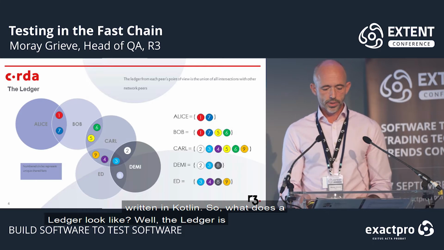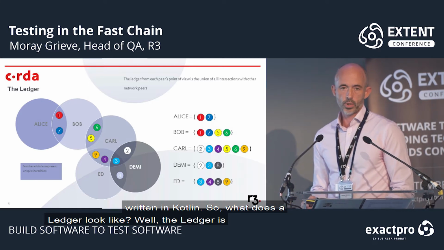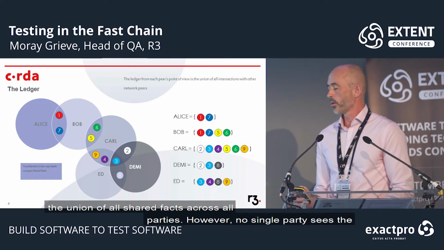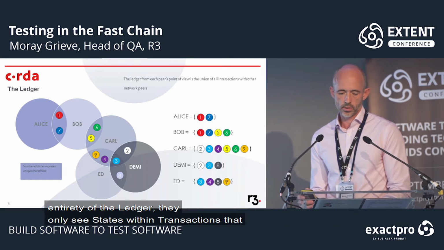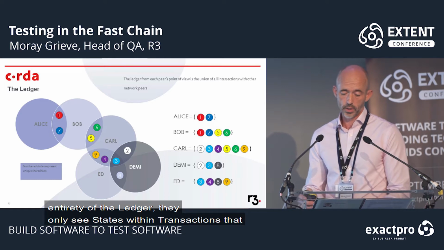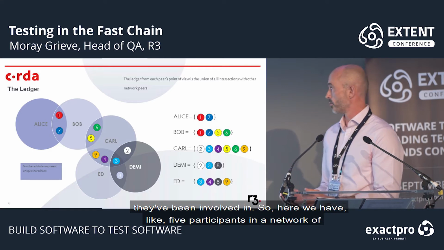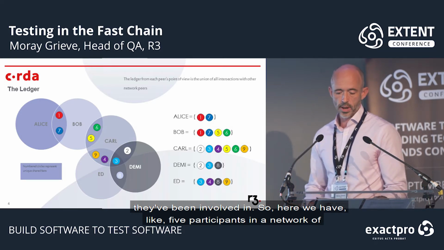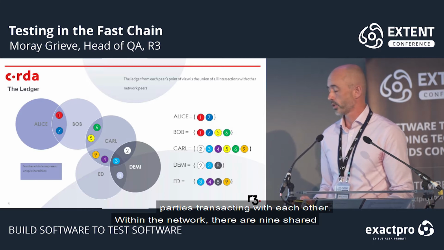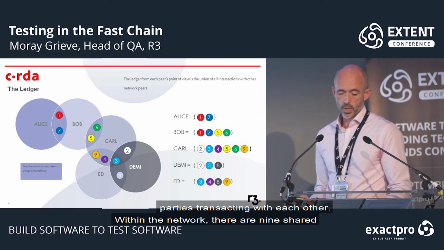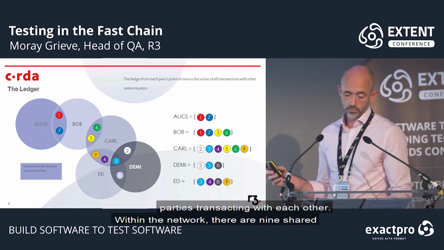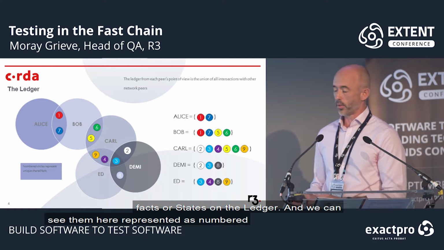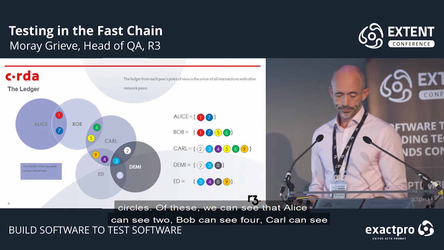So what does the ledger look like? Well, the ledger is the union of all shared facts across all parties. However, no single party sees the entirety of the ledger. They only see states within transactions that they've been involved in. So here we have 5 participants in a network of parties transacting with each other. Within the network, there are 9 shared facts or states on the ledger, and we can see them represented as numbered circles.